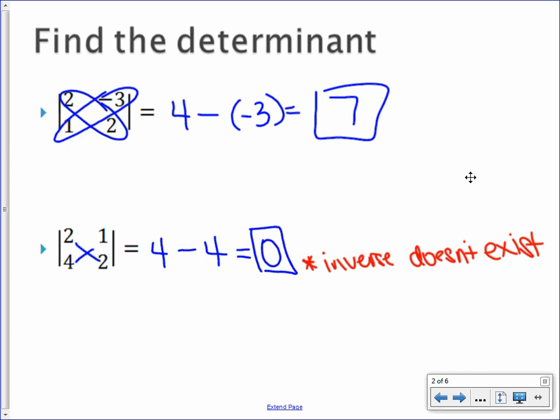What's cool about this is it's going to be true no matter what size. If we get a 3 by 3 determinant to be 0, we know the inverse isn't going to exist. So the determinant can sometimes tell us something about our matrix.